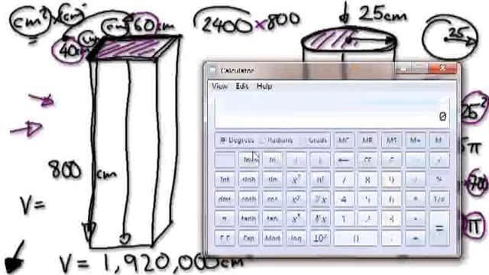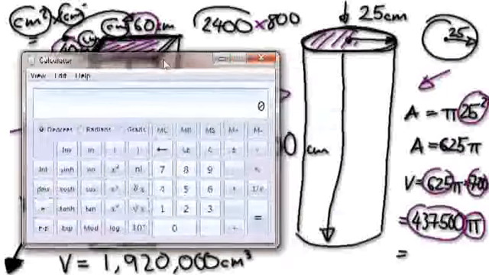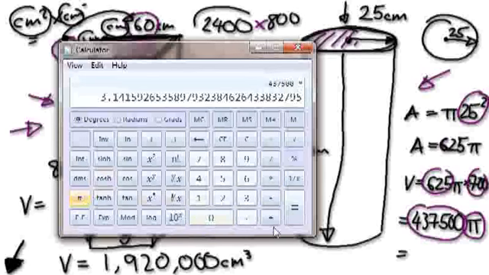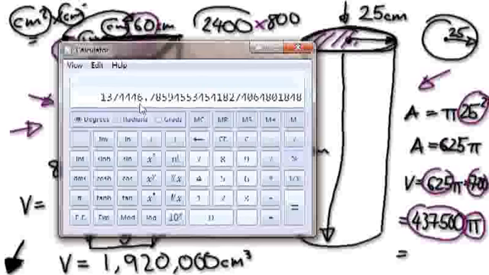Hang on, let me change it. Okay, let me do it again. So 437,500 times pi equals, let's just push this up to the 7. Don't worry if you don't understand rounding off.